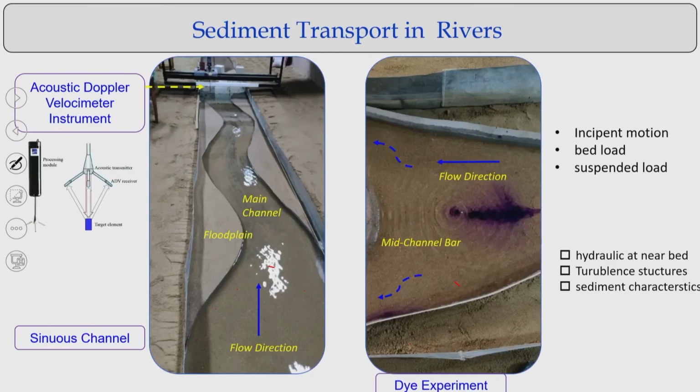You can see this river channel in the laboratory, a scaled-down model representing a river. If you increase the discharge and the bed material is the same, as you expected, the bed shear stress is going to increase.